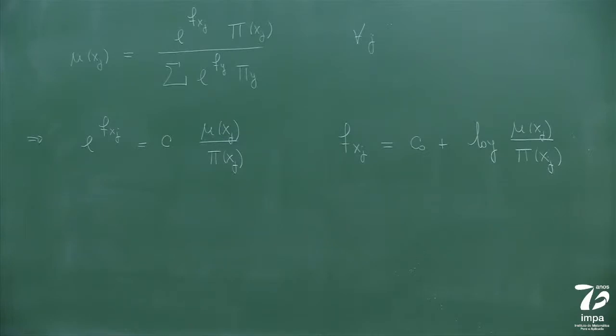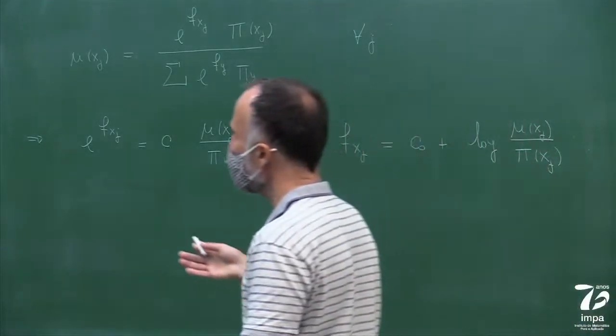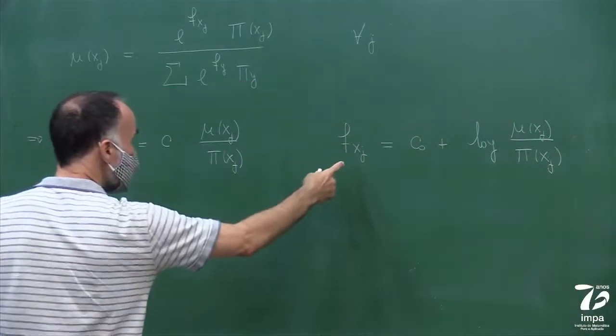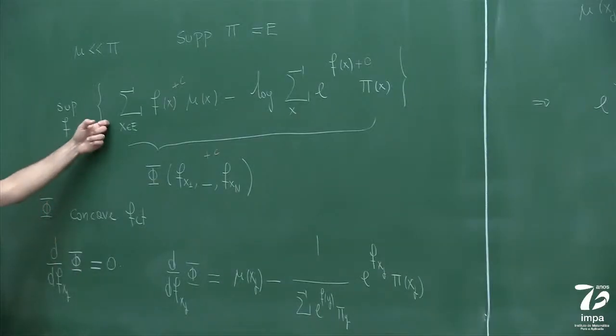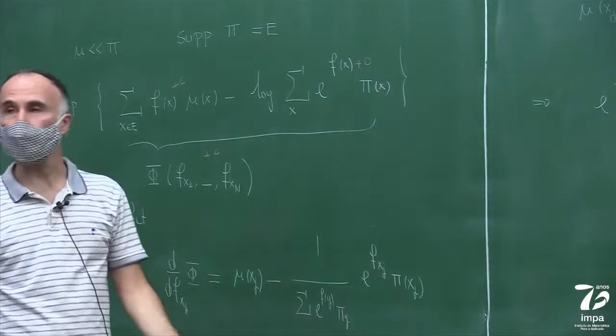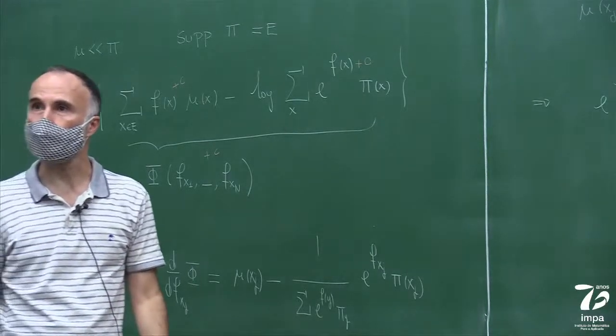So let's take it 0, and what we get is that these points are critical points, and in particular, this function phi gets its maximum value at f given by this expression, where I'm free to choose the constant, so let's take it equal to 0.